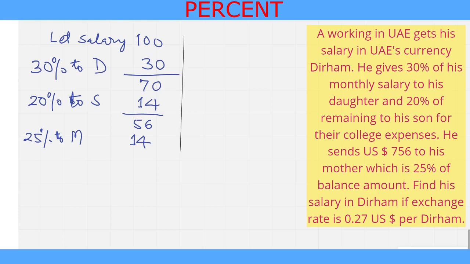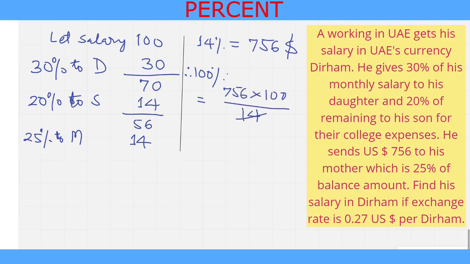So we calculate here as 14% equal to $756. Therefore 100%, that will be the salary of A. This is equal to 756 multiplied by 100 divided by 14, and 14 divides 756 for 54 times. This is equal to $5,400.